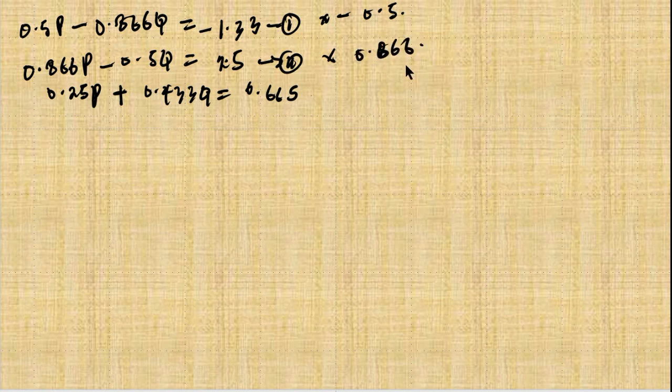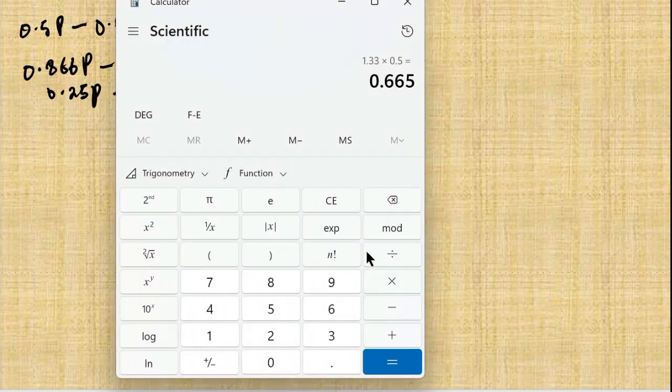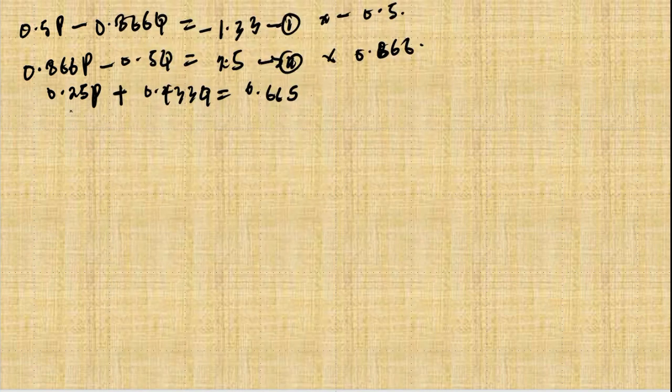If I multiply equation 2 by 0.866, I'll have 0.866 times 0.866. That is equal to 0.7499, that's 0.75.